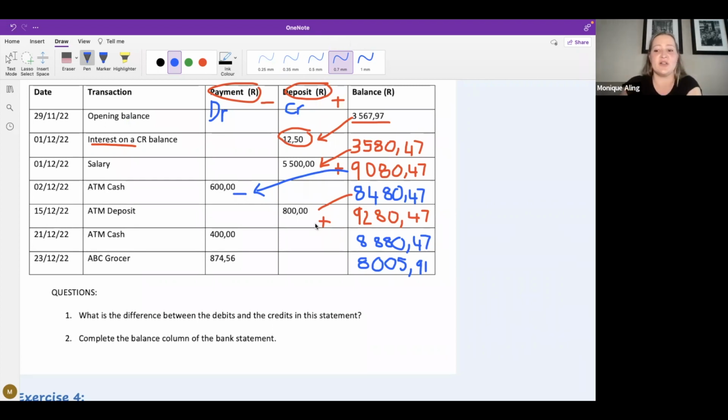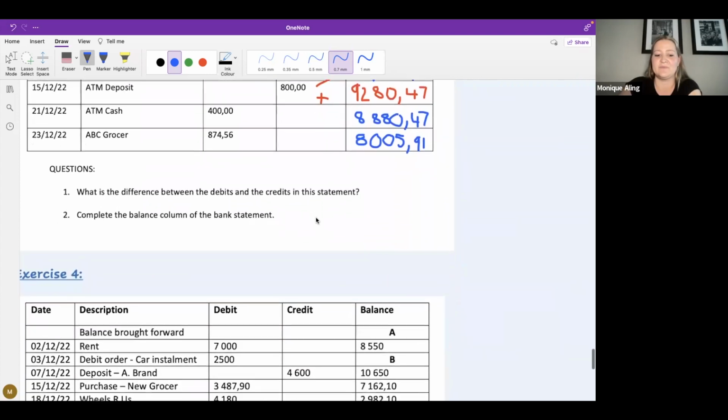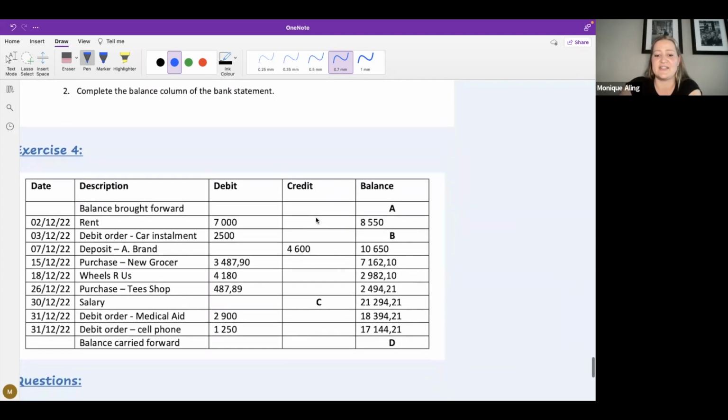And to answer your question, they don't always look like this. I'm going to show you how they can ask you another one in the next exercise. So they can differ slightly, especially when it comes to the column headings. Okay, so let's move on. So we can see that this bank statement showed us payments and deposits. Now, if we look at the next one, can you see the difference?